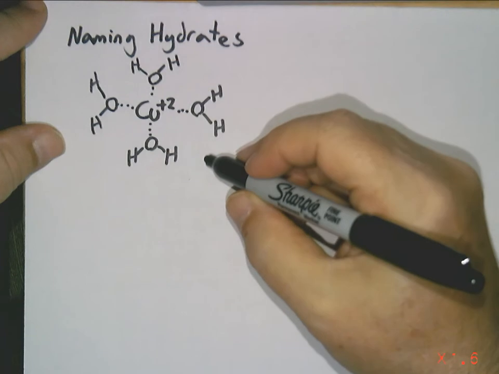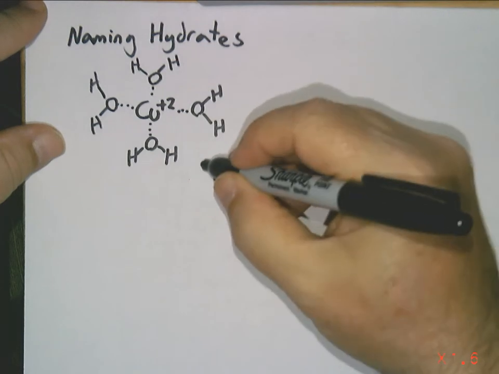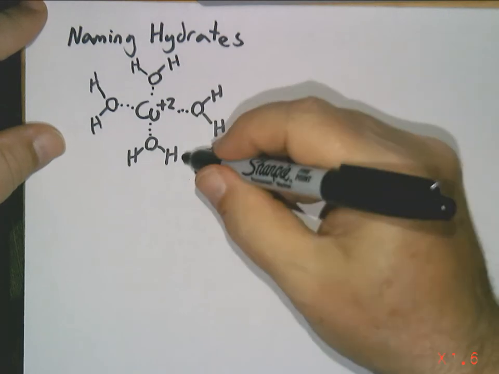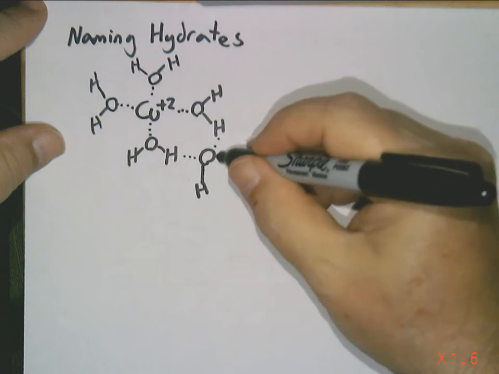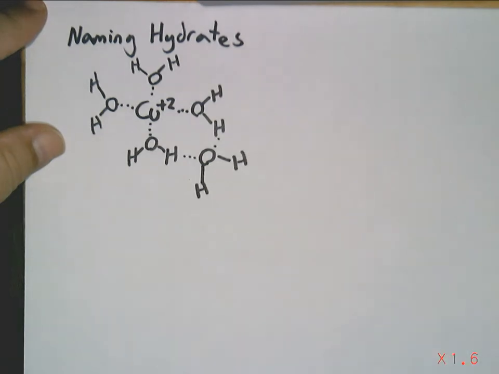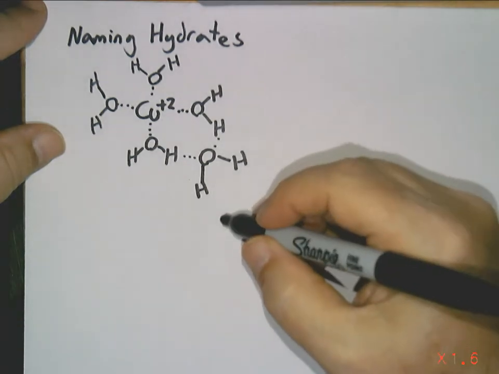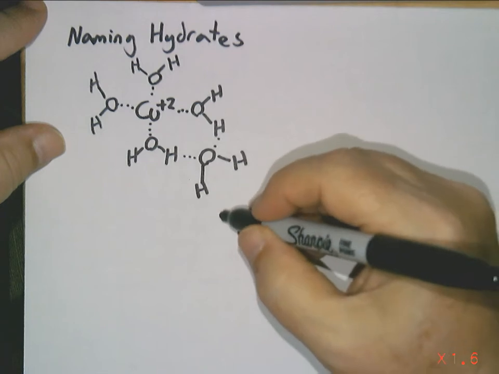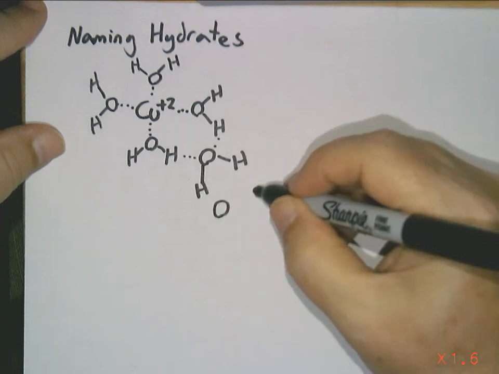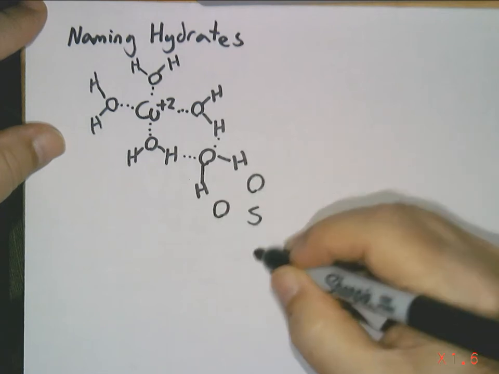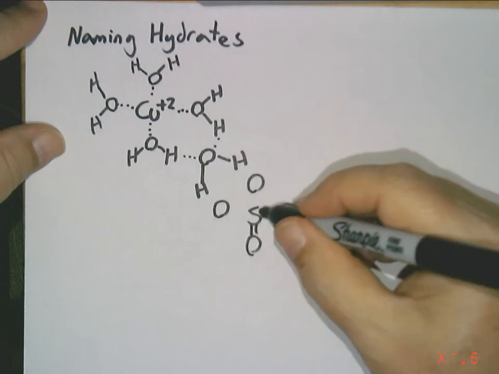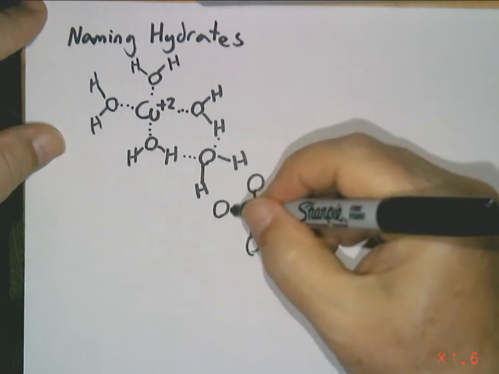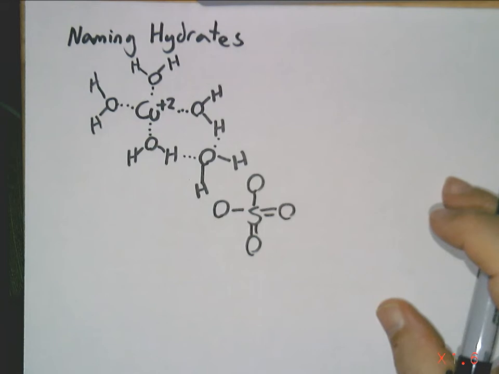Now, another water can sit out here, and it is kind of attracted to those hydrogens because it's got a negative charge on its oxygen. And these hydrogens are stuck to a sulfate. Now, we're going to draw the structure of a sulfate very shortly. We're going to start to do this kind of thing in the next worksheet, actually.